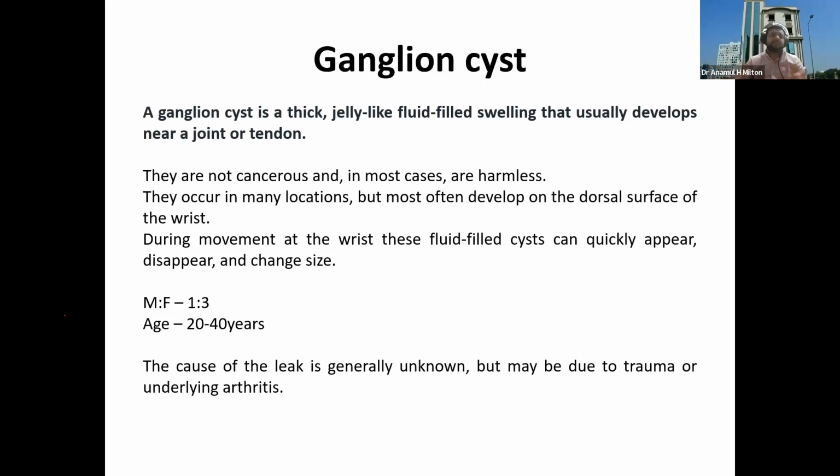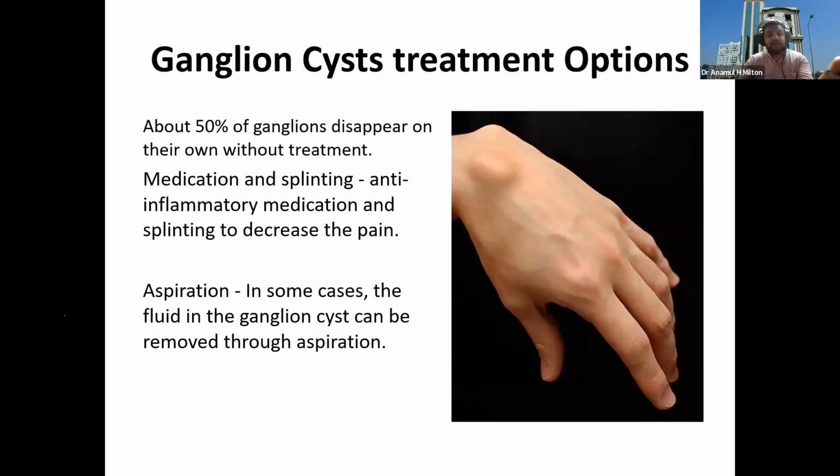It usually occurs at age 20 to 40, and it may be due to direct trauma or sometimes arthritis, but many times there is no identifiable cause, so the cause is sometimes unknown.